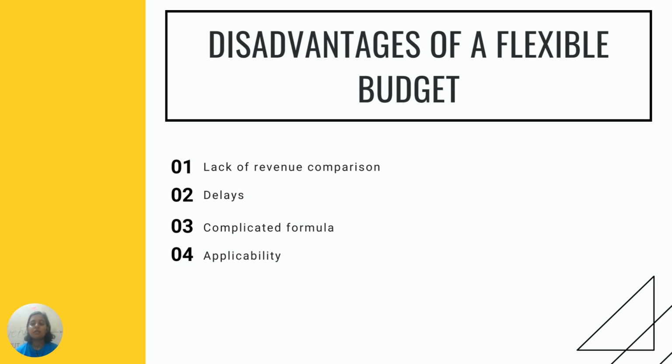The next one is a complicated formula. Though it may look like the formula is very easy to use, a flexible budget can be challenging to formulate because some variable costs aren't fully variable and have a fixed element that requires calculation.